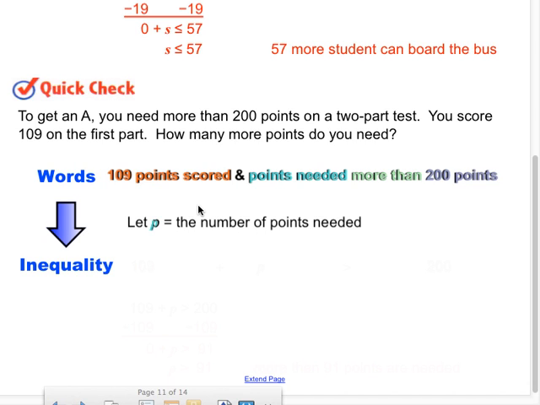What inequality goes with more than? Right, but what's the inequality for this right here, more than? What symbol do we use for that? I'm going to get somebody to help you out. Can somebody help out Joel? What symbol goes with more than?